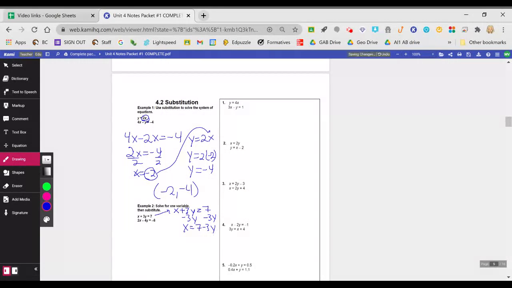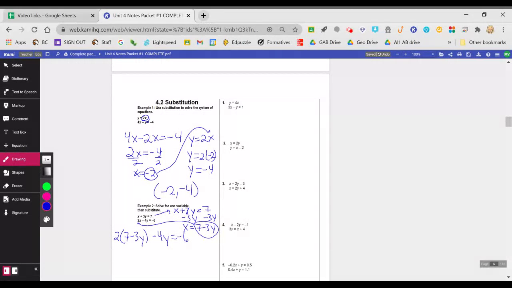And then I'm going to take that and substitute it into the second equation for x. Whenever you substitute, you should do it in parentheses. So it's 2 parentheses 7 minus 3y, end parentheses, minus 4y equals negative 6.